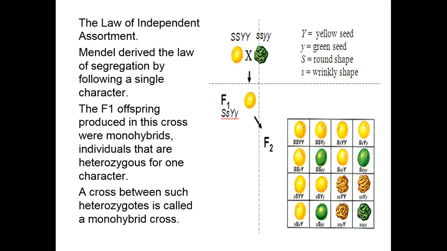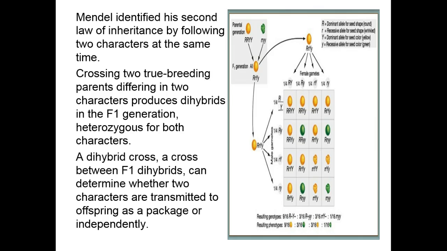So you can have a monohybrid cross, which would be the flower color, or you can also have a dihybrid cross. So the second law of inheritance involves following two characteristics at the same time. So a dihybrid cross, and again we're working with true breeding plants here.